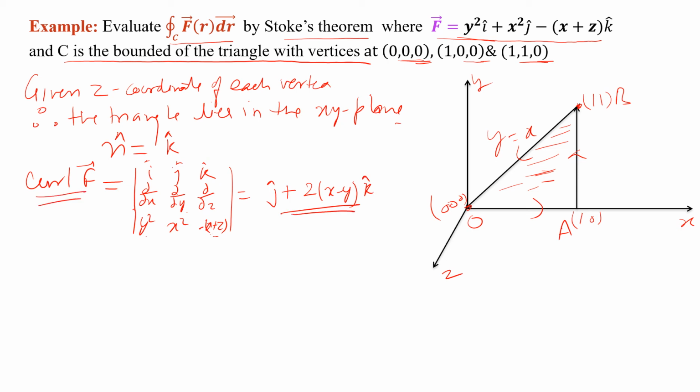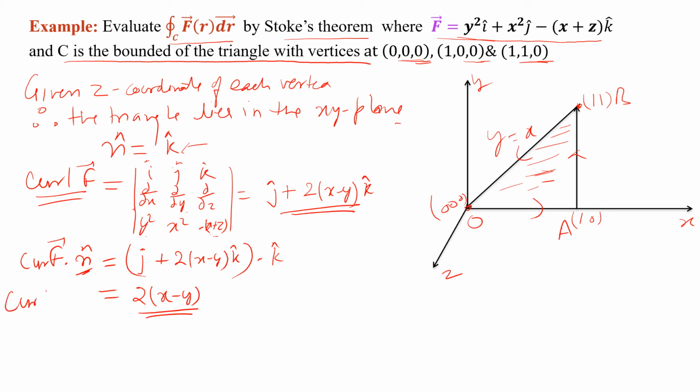Now the dot product of curl f with the unit normal n equal to k gives 2x minus y. That is the value of curl f dot n.